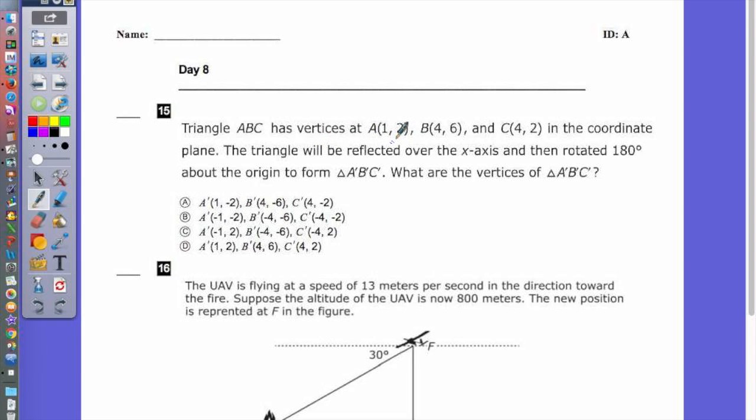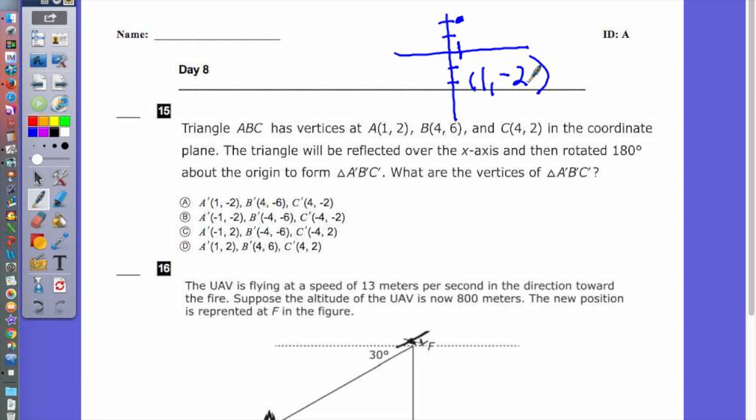The triangle is reflected over the x-axis, then rotated 180 degrees. So it's 1, 2. Literally, when I do them, I draw a little diagram. That dot is at 1, 2. If I reflect it over the x-axis, I'm going to be at 1, -2, correct?